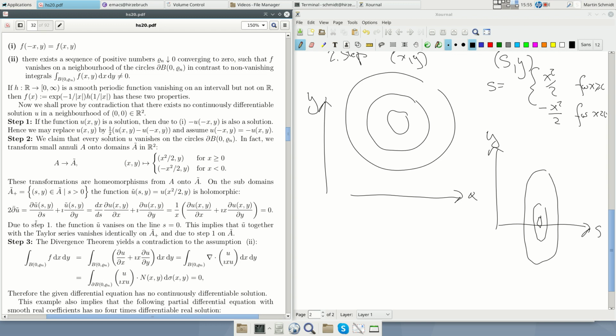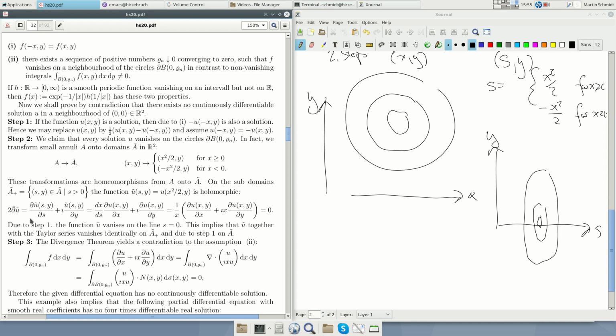And this you should know if you know the lecture on complex function theory. Now we need some results of complex function theory.